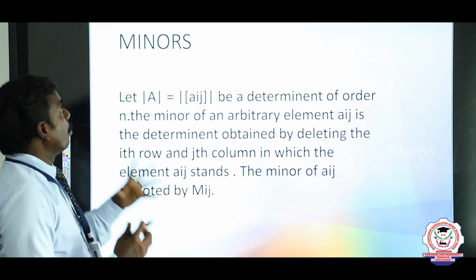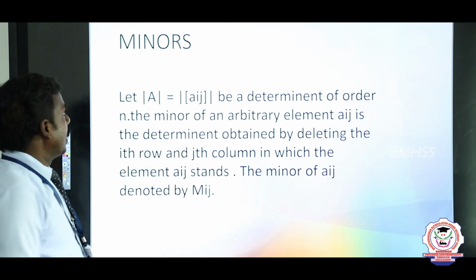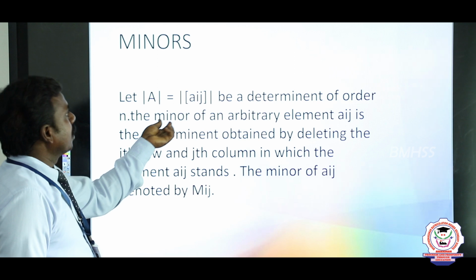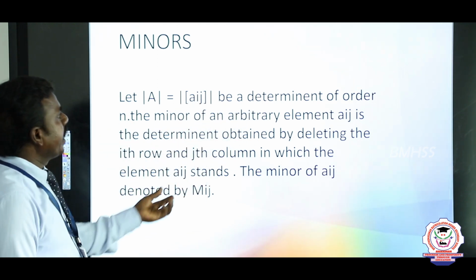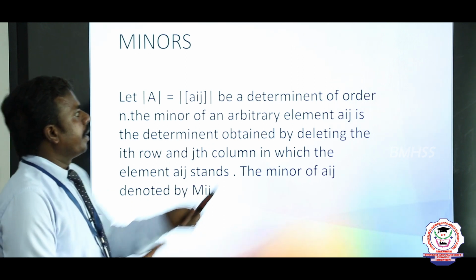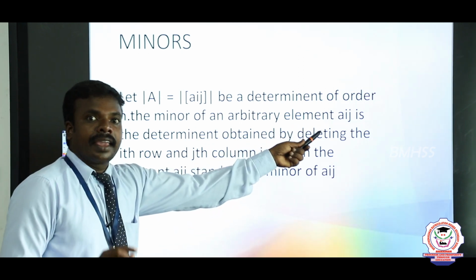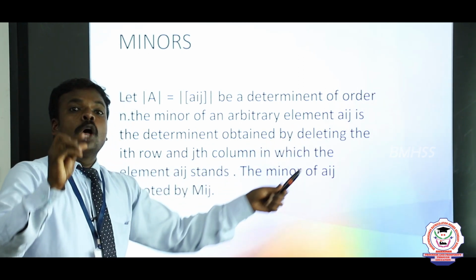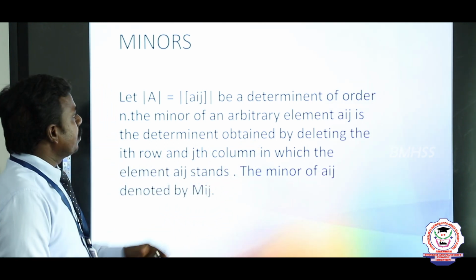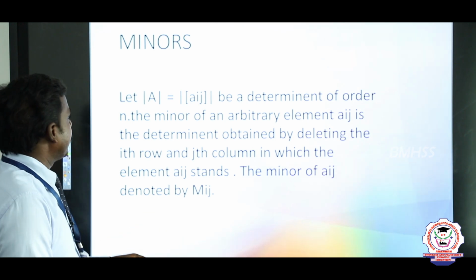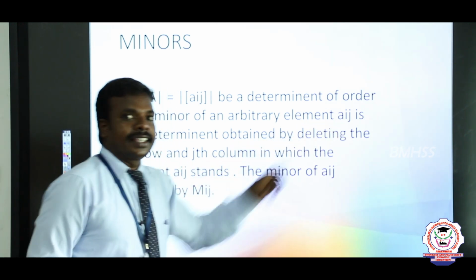Second one is minor. So, what is minor? Let determinant of A be a determinant of order n. The minor of an arbitrary element Aij, where Aij is nothing but the position of the value, is the determinant obtained by deleting the ith row and jth column.